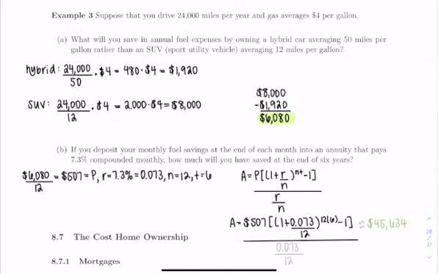And this whole thing is divided by 0.073 over 12. And so plugging this into our calculator, this would give me $45,634.